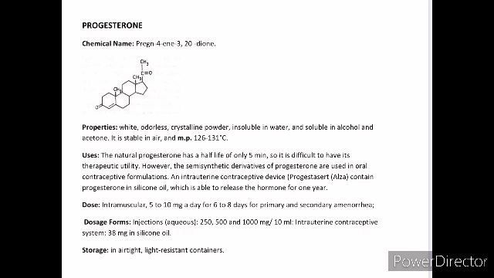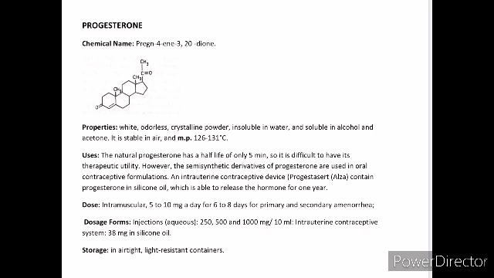Now we talk about progesterone. As you can see the structure, this is pregn-4-ene-3,20-dione. Now this is available as white odorless crystalline powder, insoluble in water, soluble in alcohol and acetone, stable in air. The melting point is 126 to 131.